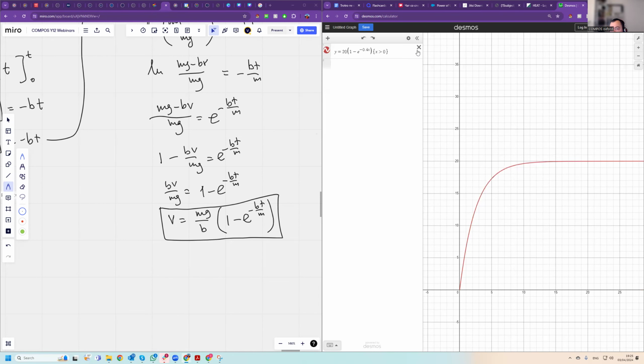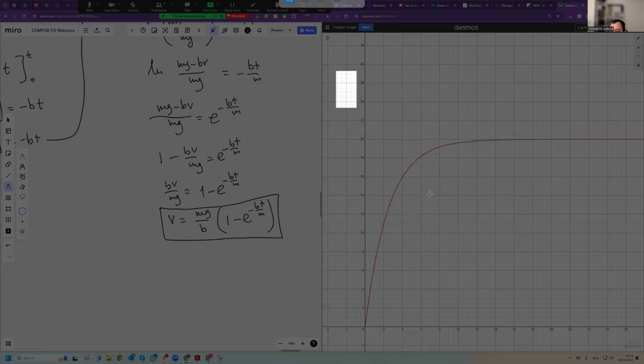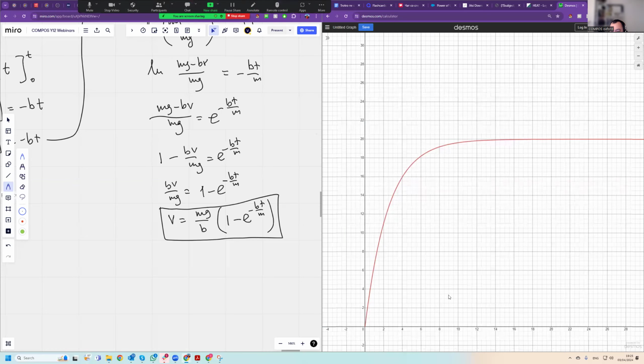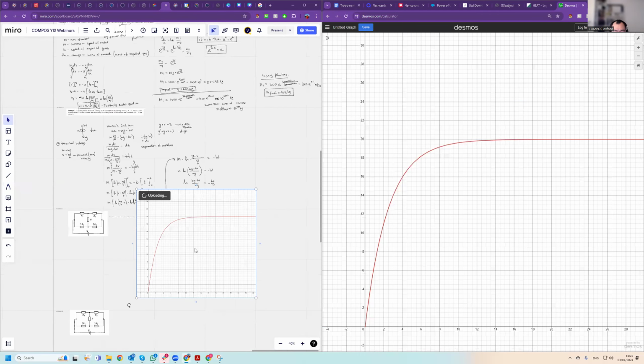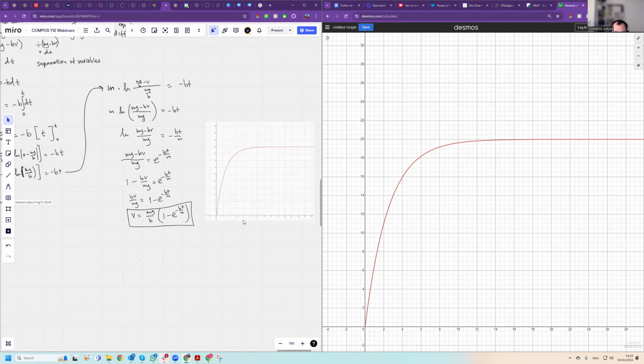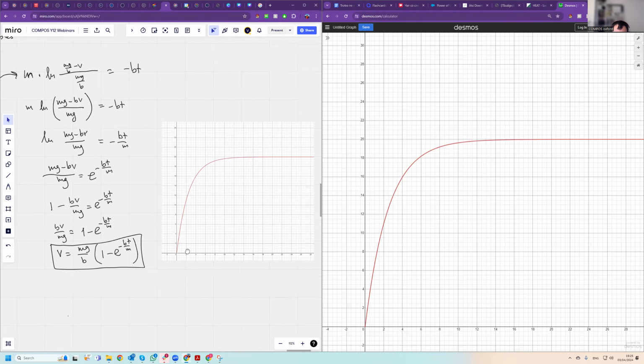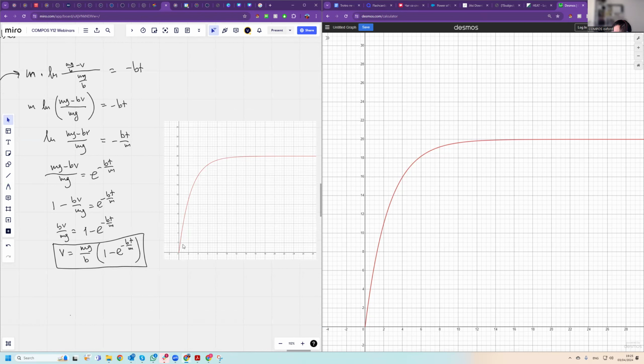Oh, okay. So the top speed is mg over b, v max.